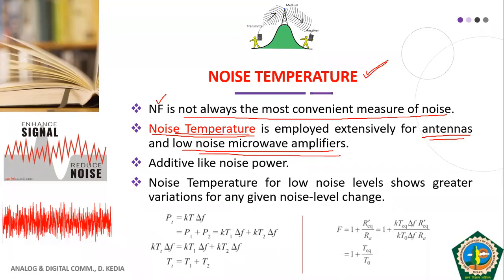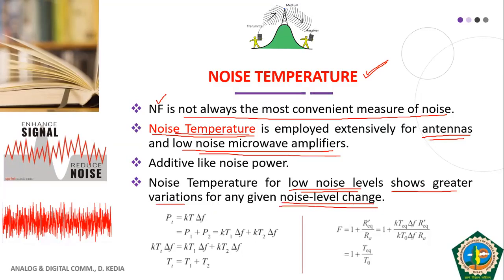Fine. So the concept of noise temperature is additive, like noise power. The way if we want to find out total noise power, we add the power of individual sources. Similarly, in order to find out total noise, we can add the individual noise temperatures. Another advantage of noise temperature is that the values of noise temperature for low noise levels show greater variations for any noise level change.